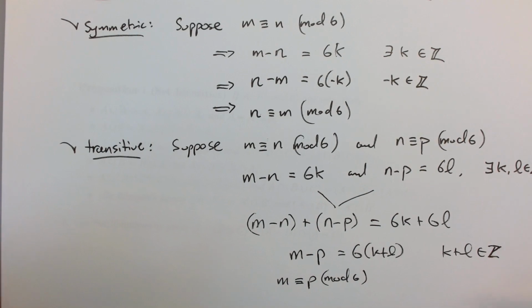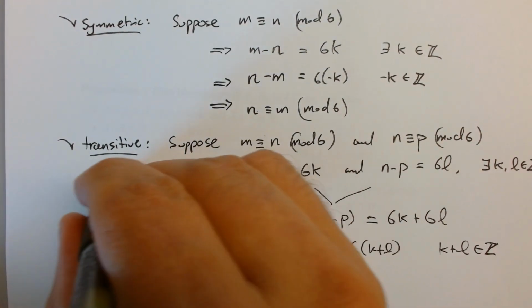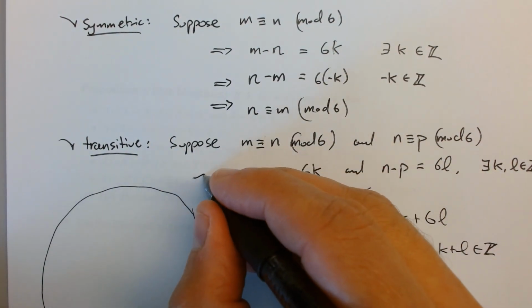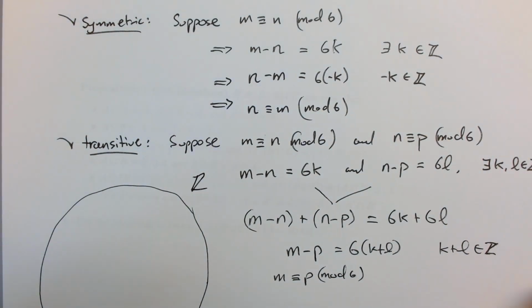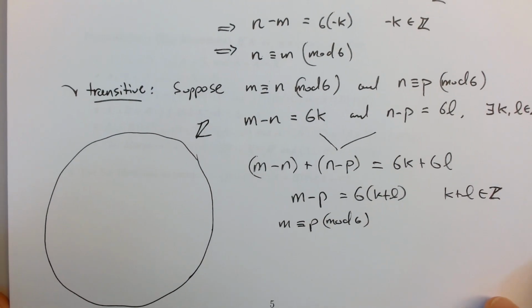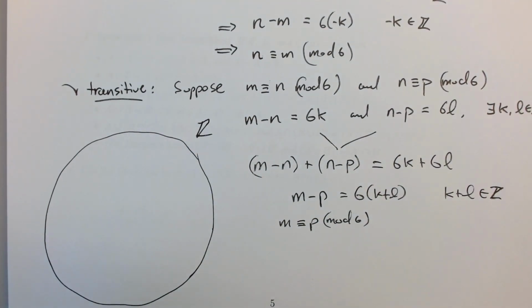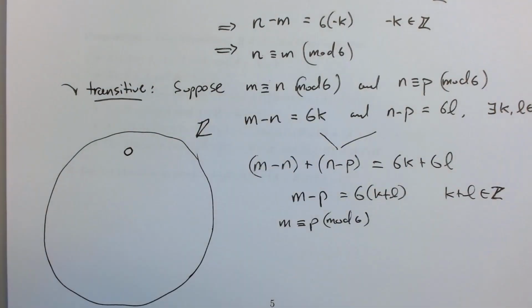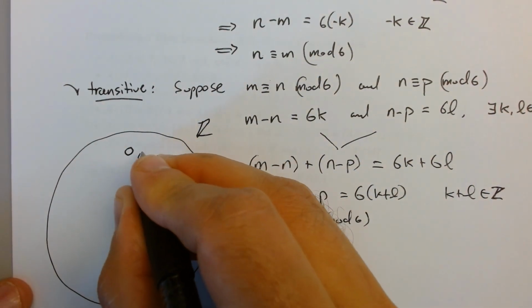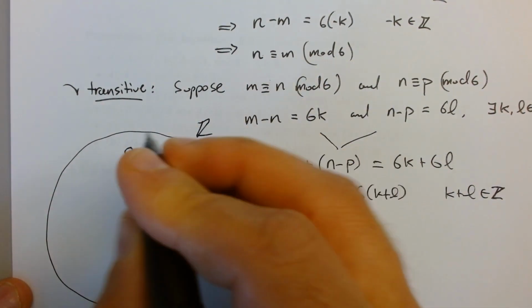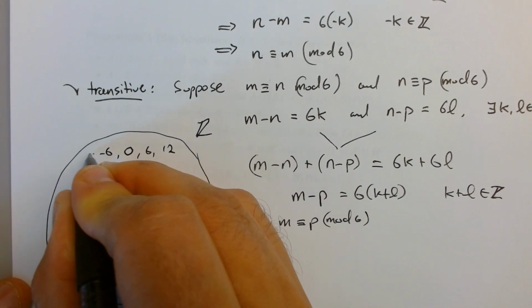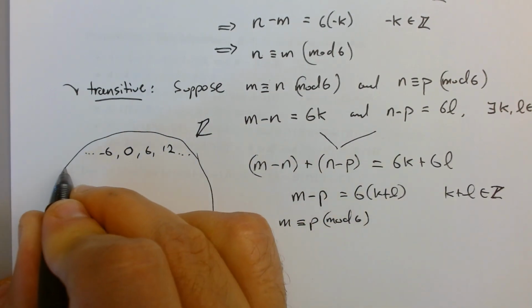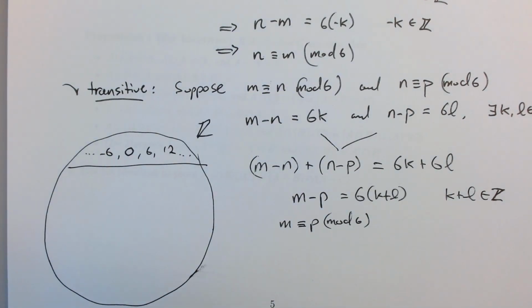Now, equivalence classes here are a little bit more interesting. Let's make a big circle. This is all the integers. I want to put all the elements that are related to each other in the same subset. So we could just start off with 0 and ask, what's related to 0? Every other multiple of 6 is related to 0, including negatives. Those are all related to each other.